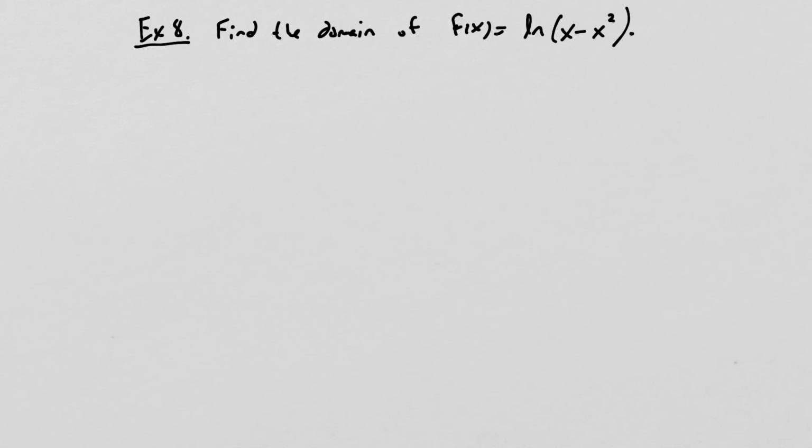Example 8, let's go ahead and practice finding the domain of a composition of functions. Find the domain of f of x is equal to the natural log of x minus x squared. Let's go ahead and recall that the domain of the natural log of x is all numbers that are greater than 0.